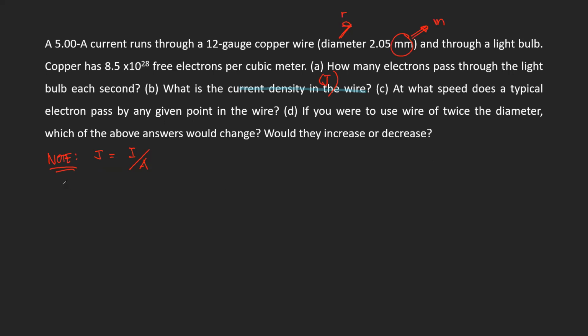Okay, so let's see here. R is equal to 2.05 times 10 raised to negative 3 m, I'm converting, divided by 2. That would give us times 10 raised to negative 3 m.